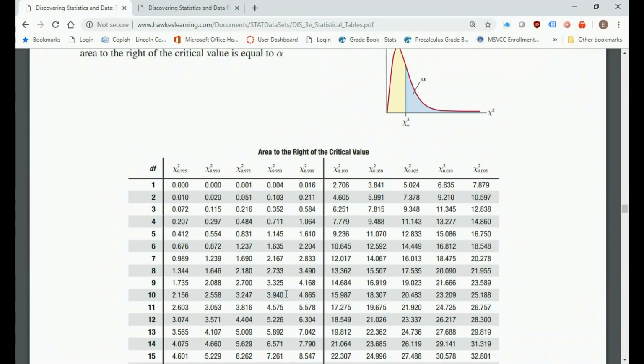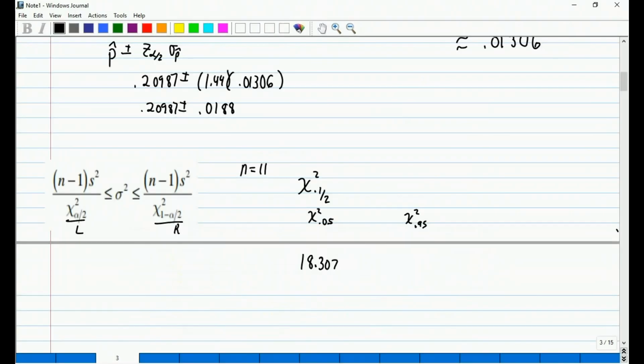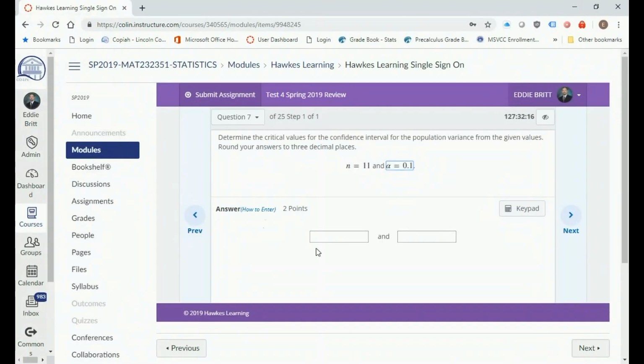So it's 3.940. All right, and so that's the two answers that I enter in. I'm going to enter in the smaller one first. I really don't know if it even matters, but that's just what I'm going to do. So 3.940 and 18.307.